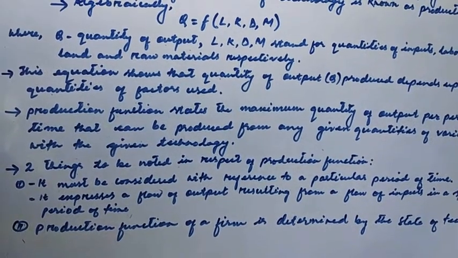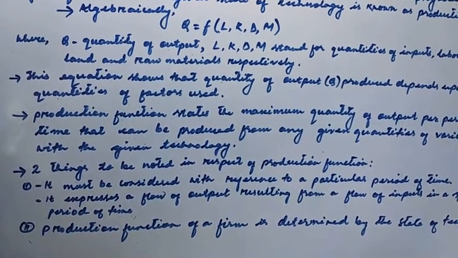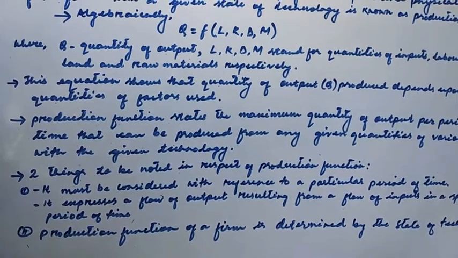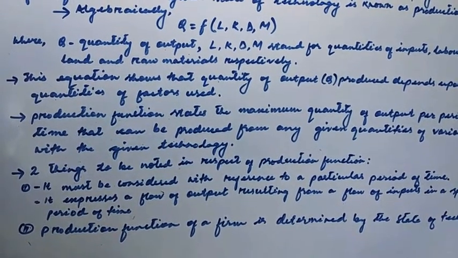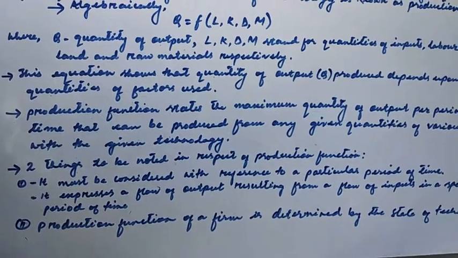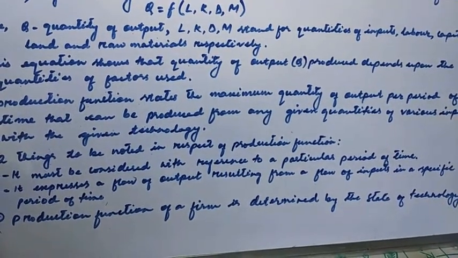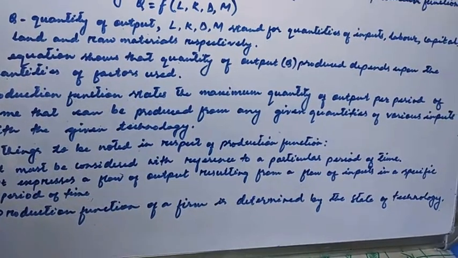So when technology advances, with a given small amount of inputs, output can be increased to a larger quantity. So we have to keep in mind that production function of a firm is determined by the state of technology.